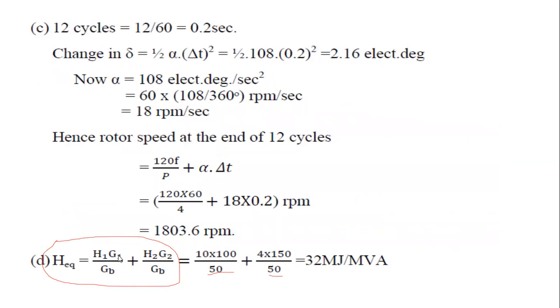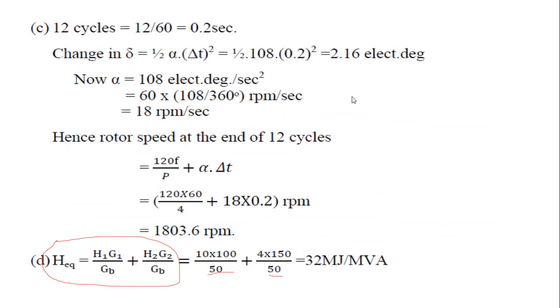Therefore we substitute H1 is equal to 10 into G1 which is 100 by the base 50, plus H2 which is 4 into G2 which is 150 by 50. Then we calculate the equivalent H, that is 30 MJ per MVA.